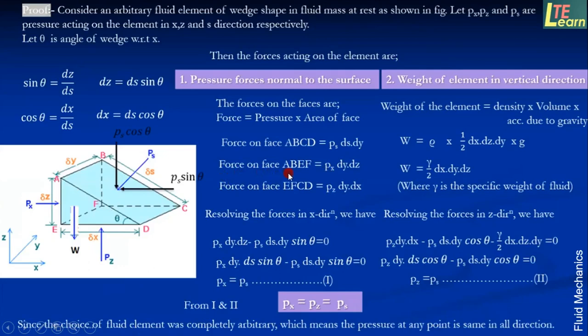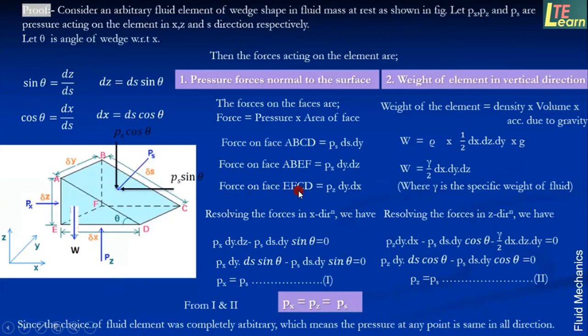Another face is ABEF, the vertical plane, on which the force is acting along the x direction. That will be equal to the pressure intensity Px along the x direction multiplied by this area, dy on this side multiplied by the other side dz.